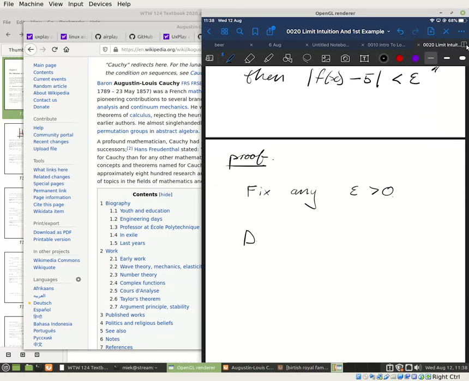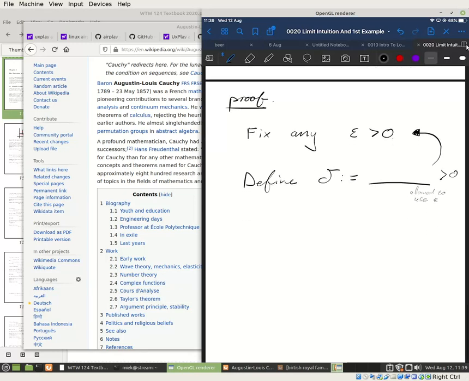So we have to define delta somehow. And this delta needs to be greater than 0. And what are we allowed to use in defining this delta? We are allowed to use our previously defined symbols, so we are allowed to use epsilon. And that is the only symbol that we are allowed to use in defining delta.